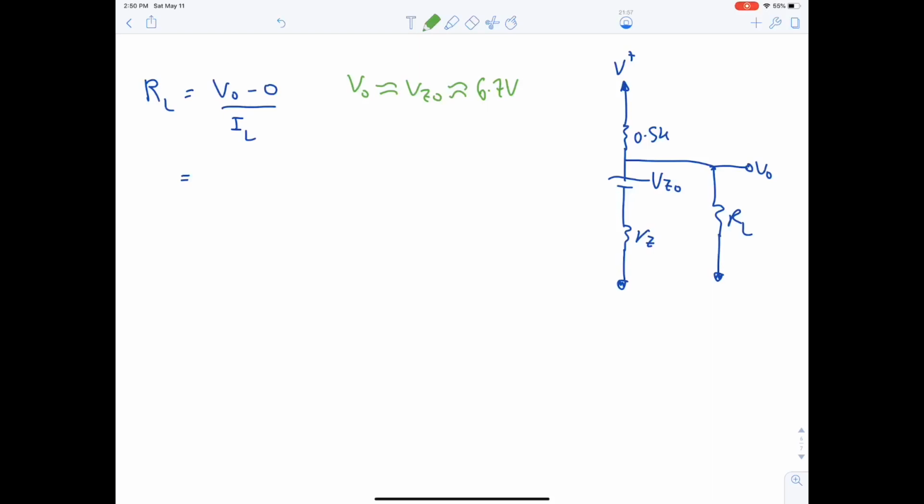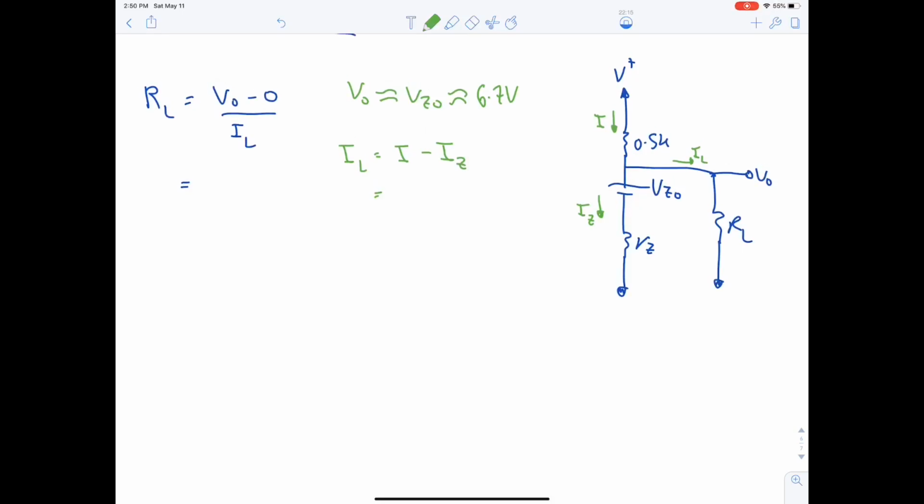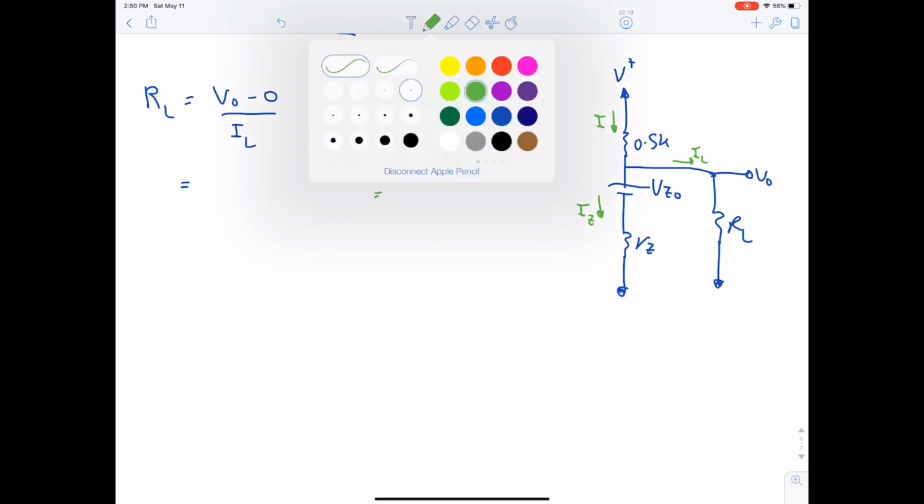How can we compute IL? Using KCL. IL is equal to I minus IZ. I is different from part A because here V plus has to be minimum also.